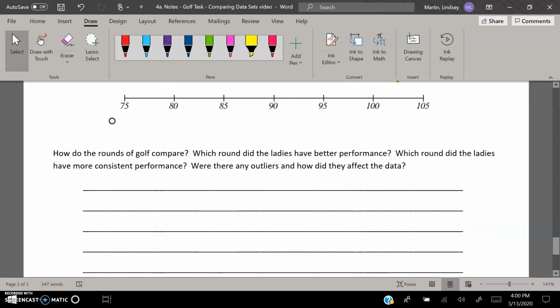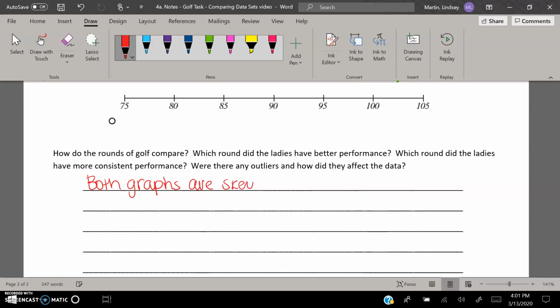So we won't mark it with an X. We'll just extend our whisker out to the right. So how do these rounds of golf compare? Well, both rounds are skewed to the right. For round 2, we have an outlier.